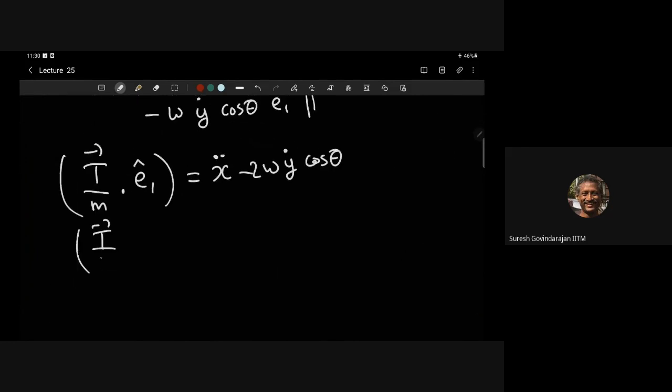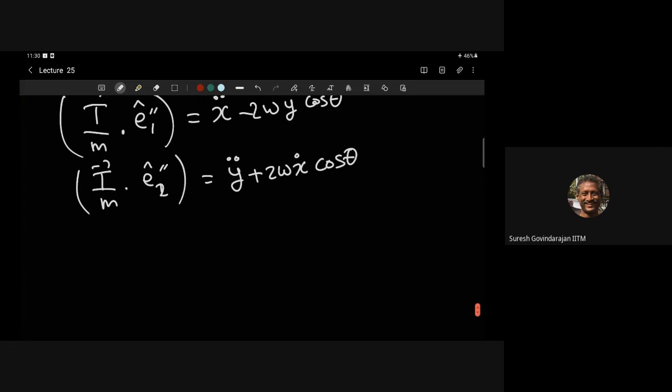Similarly for the other component, this is what we get. Then if you use the small angle approximation on the left hand side, we get nice equations.